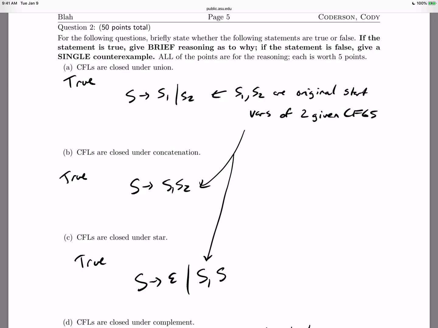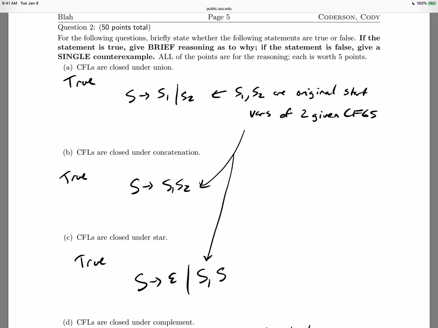There's details to account for here, but they're mostly minor. The detail there is if the 2 grammars have any variables in common, we don't want that to happen. So what you can do is enforce that the 2 grammars have different variables, so there's nothing in common between them.